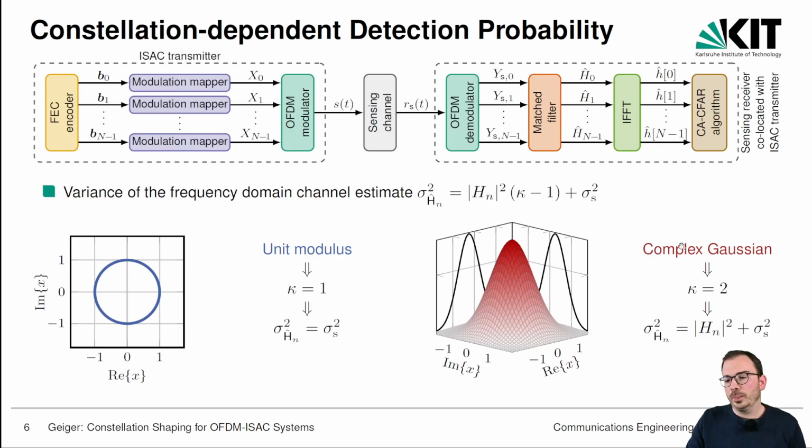For a complex Gaussian, maximizing the mutual information, we find that it has a kurtosis of 2, and so an additional interference term is introduced and our variance is increased compared to the unit modulus case. So this means that the kurtosis is basically between two extremes, 1 for the unit modulus distributions, and 2 for a complex Gaussian.